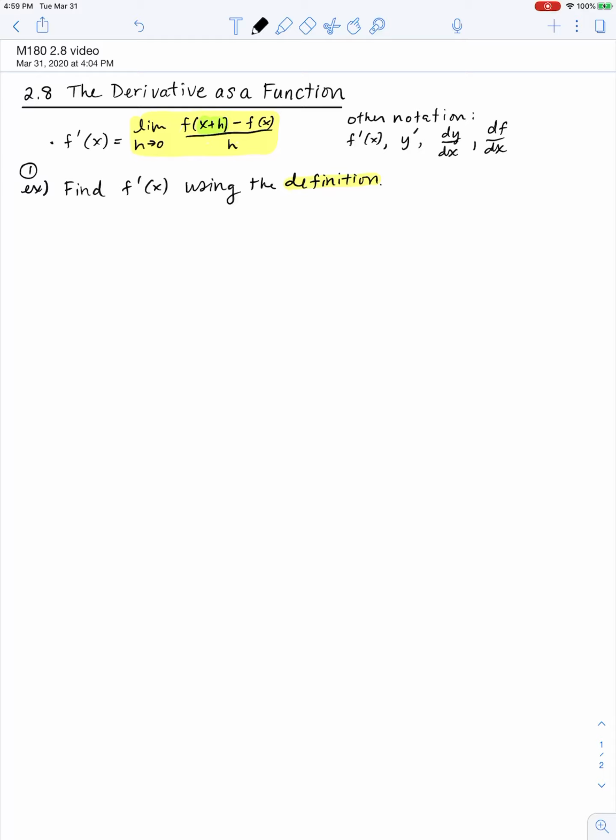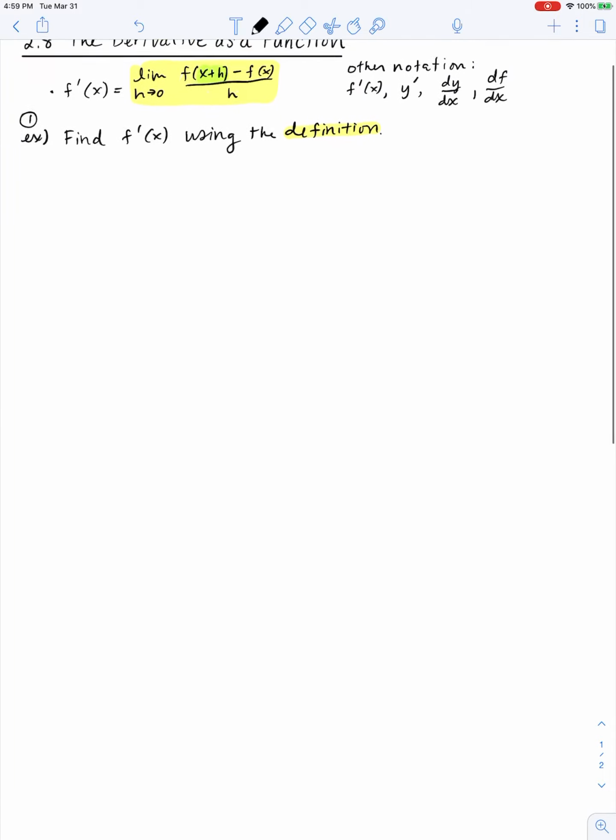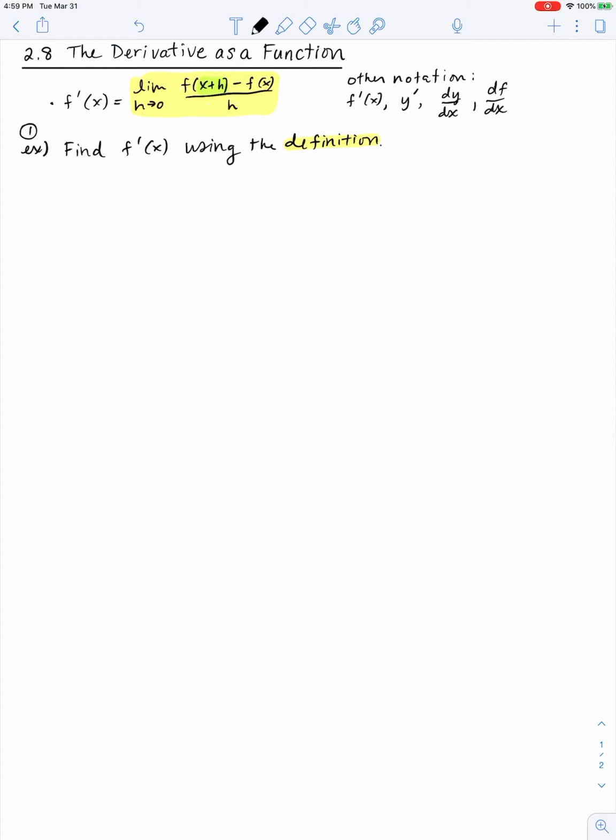Those are the most common. So if you're asked to use the definition to find f prime, we mean to use the limit definition.